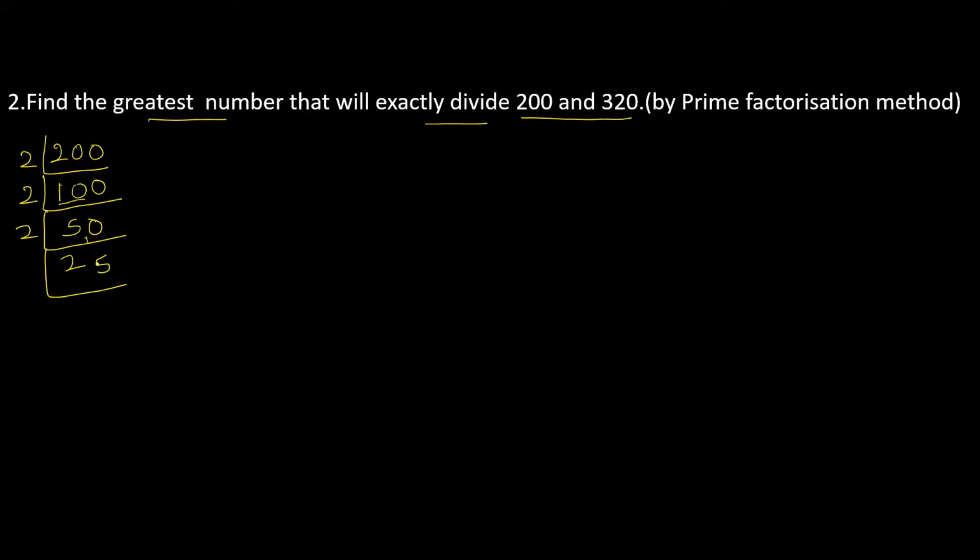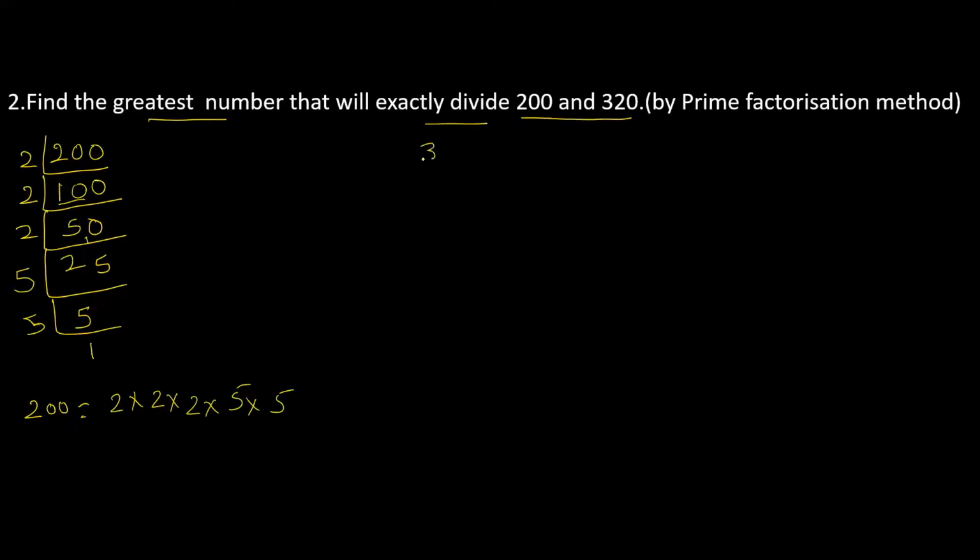We won't get 25 in the 2 table, so I'll take 5. 5 is also a prime number. 5 5s are 25, 5 1s are 5. So I can write 200 as 2 into 2 into 2 into 5 into 5.